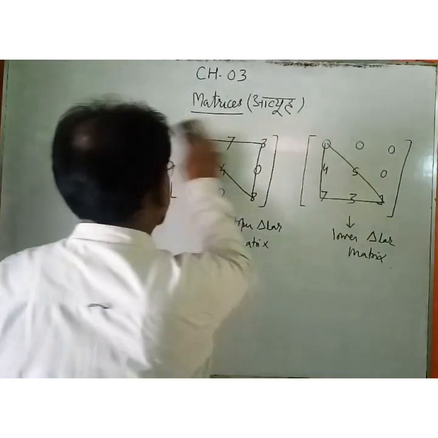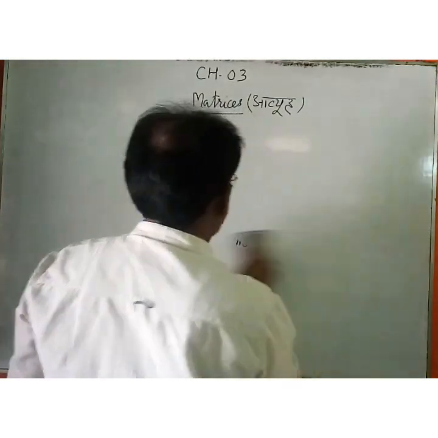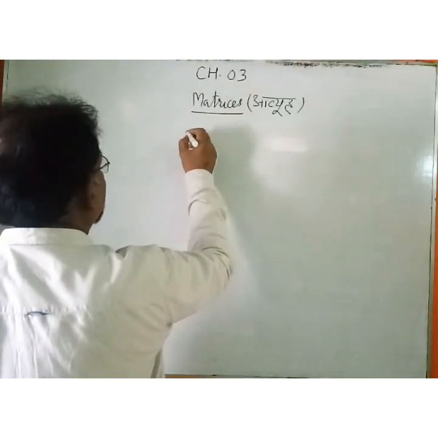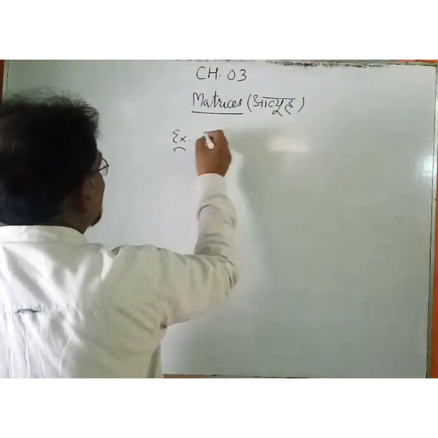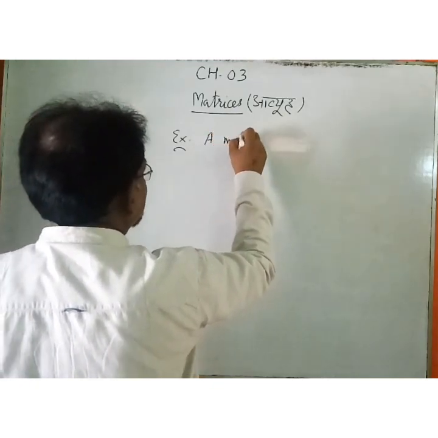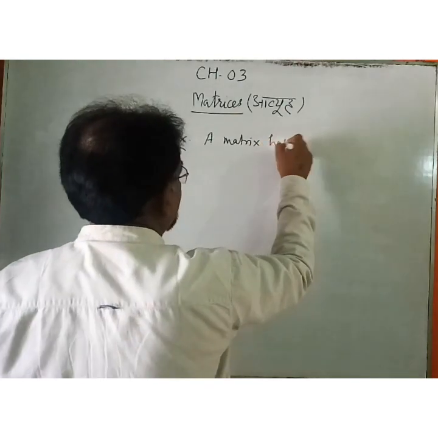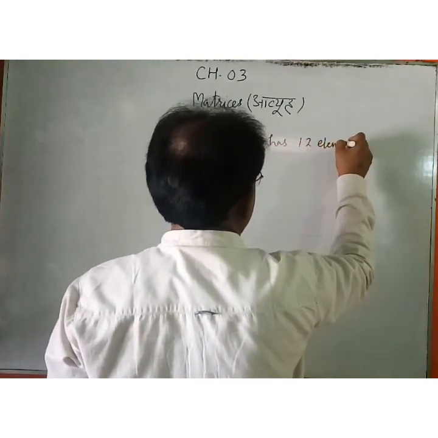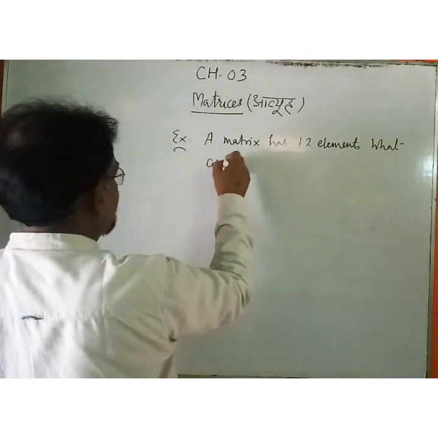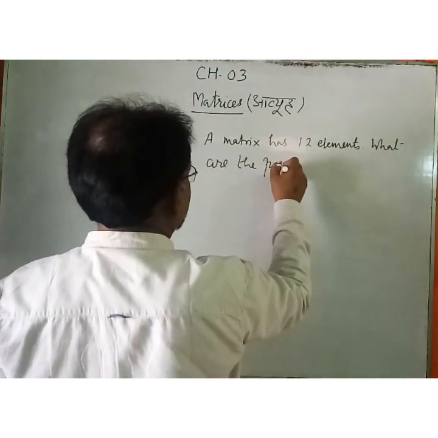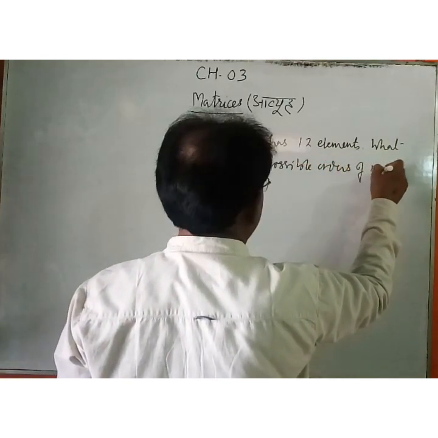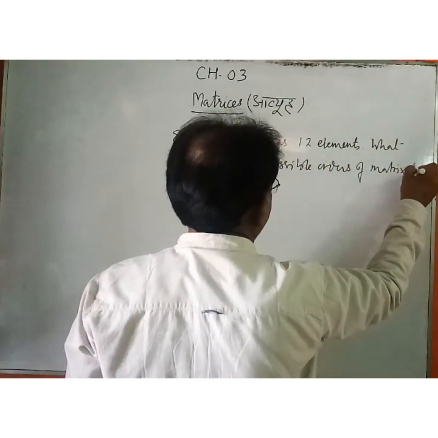Now some specific points on questions based on order of matrices. One example we can see: a matrix has 12 elements. What are the possible orders of matrix A?